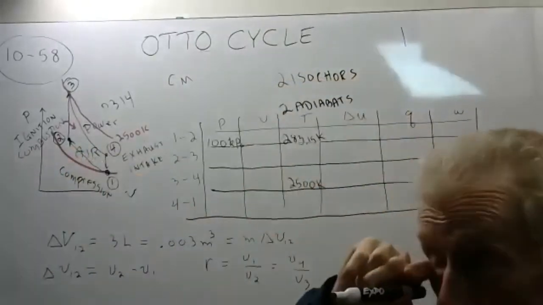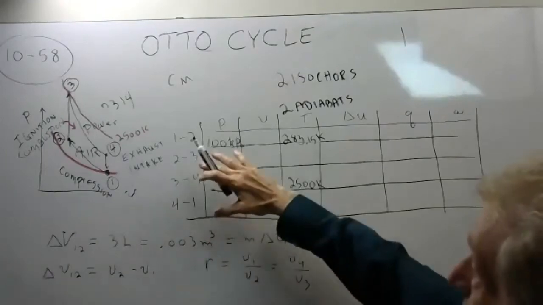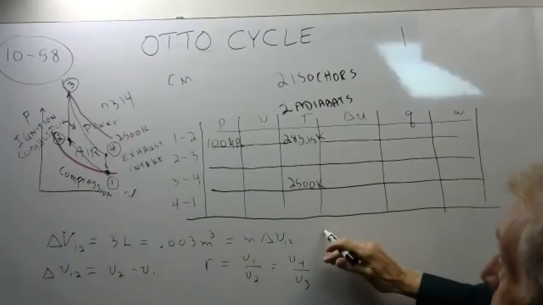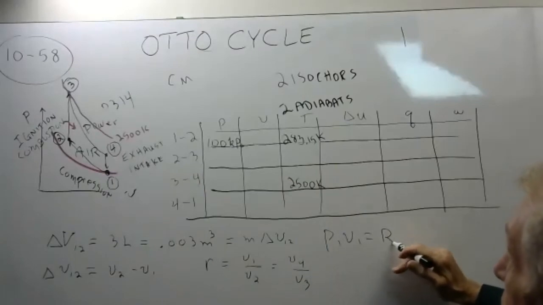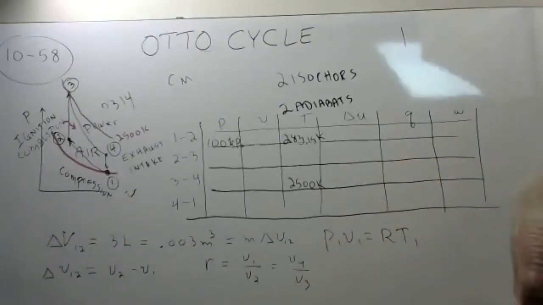Now, it's true you've got some gasoline mixed with that air, but it's mostly air. Oh, looky here. We got the pressure and the temperature, and it's air. P1 V1 is equal to RT1. Ideal gas law, it's okay here, it's air.